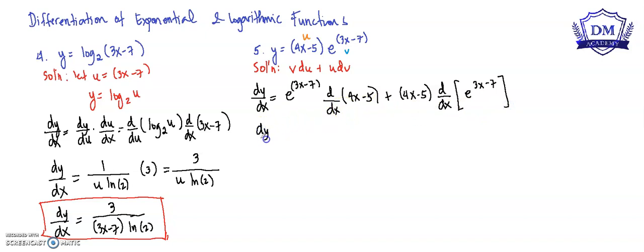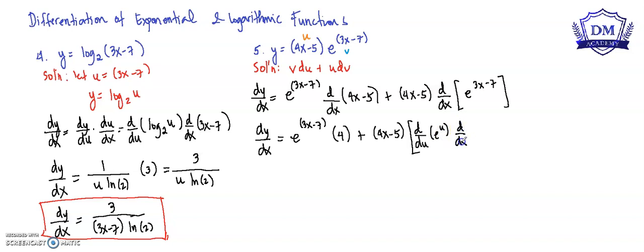Okay, we have dy over dx is equal to e raised to 3x minus 7. The derivative of 4x minus 5 is 4, plus 4x minus 5. Okay, so on this part, d over dx of e raised to 3x minus 7, we will use the chain rule. We have d over du of e raised to u times d over dx of 3x minus 7.